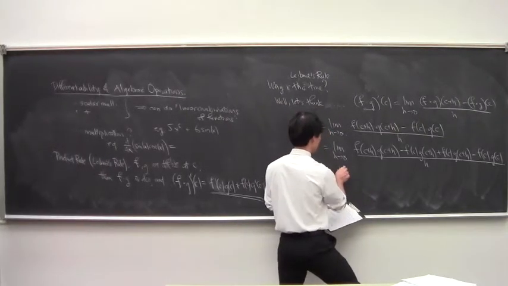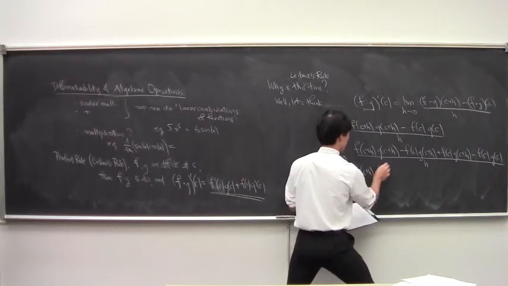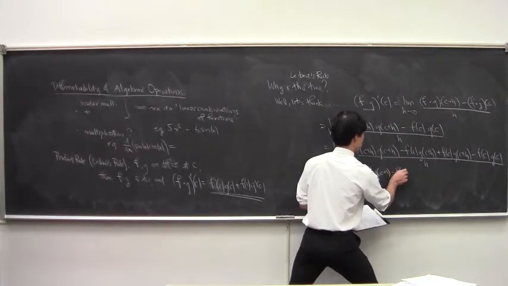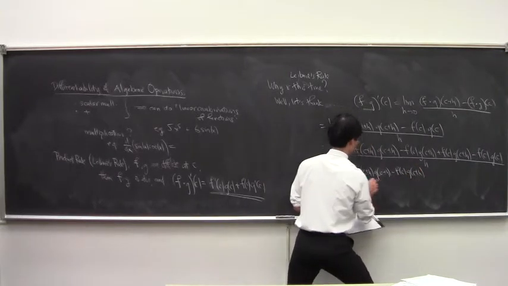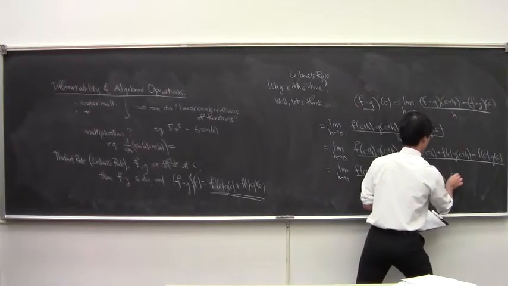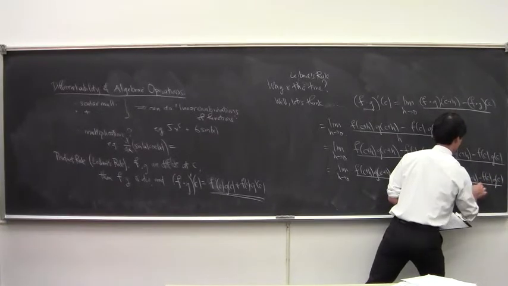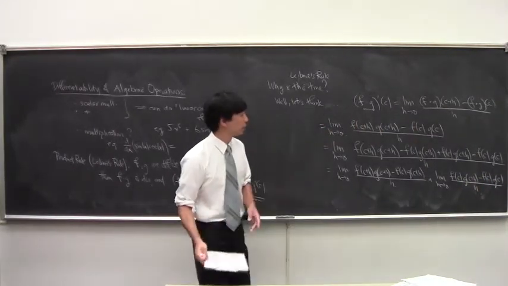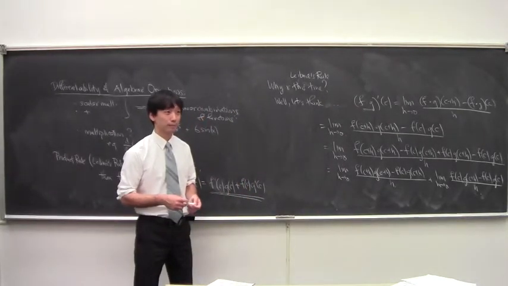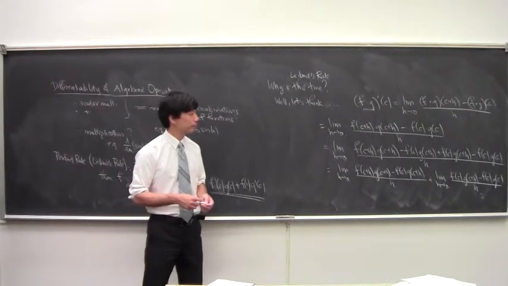I'm going to break it up into pieces. f of c plus h minus f of c, times g of c plus h, over h, and then I've got this other thing, f of c times g of c plus h minus g of c, over h.